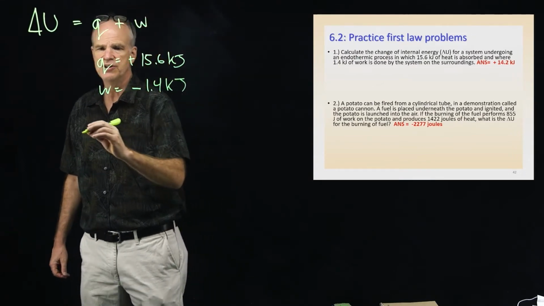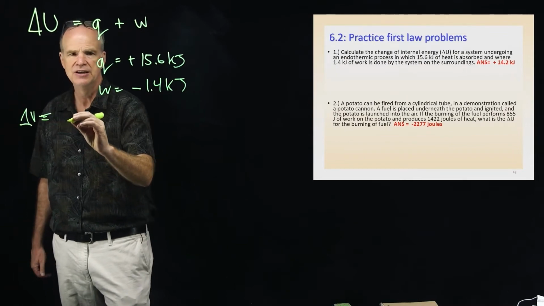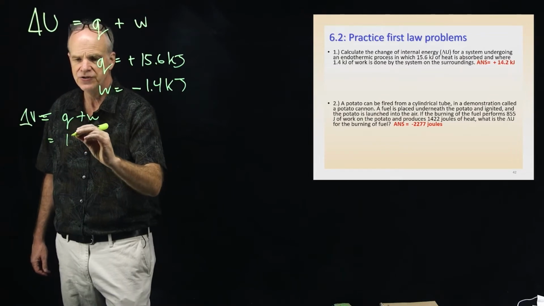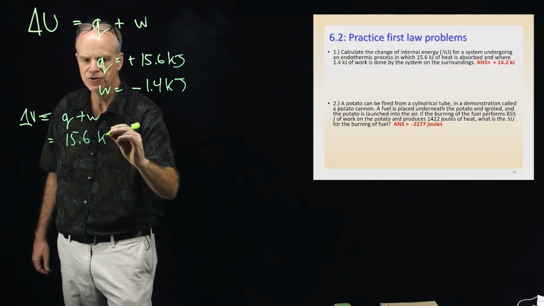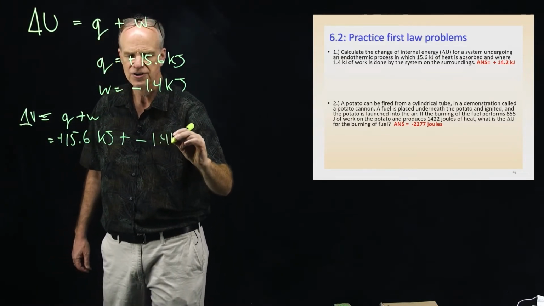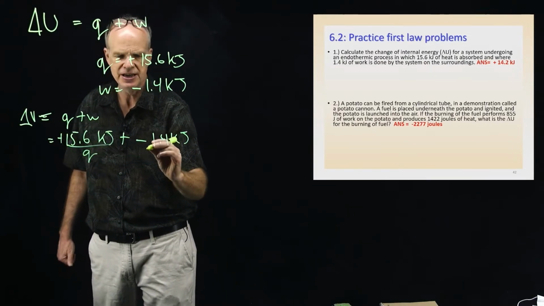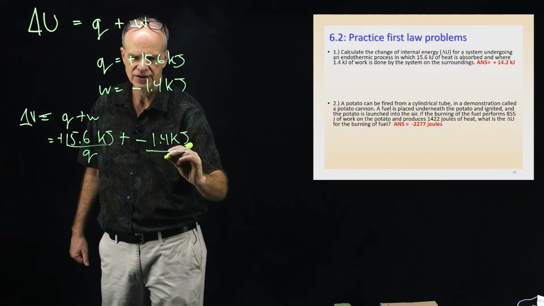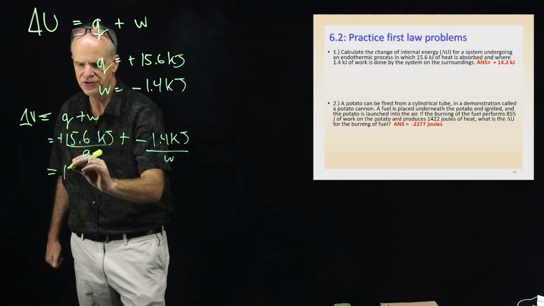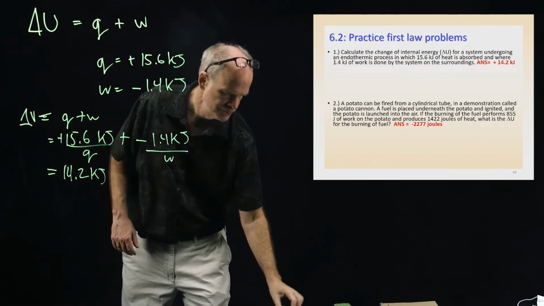Basically, delta U, the change of the internal energy, is going to be equal to Q plus W, which is 15.6 kilojoules plus negative 1.4 kilojoules. The 15.6 kilojoules is the heat, and the work is negative 1.4 kilojoules. So the answer should be, as I've gotten on the screen here, 14.2 kilojoules. Okay, so let's move on.